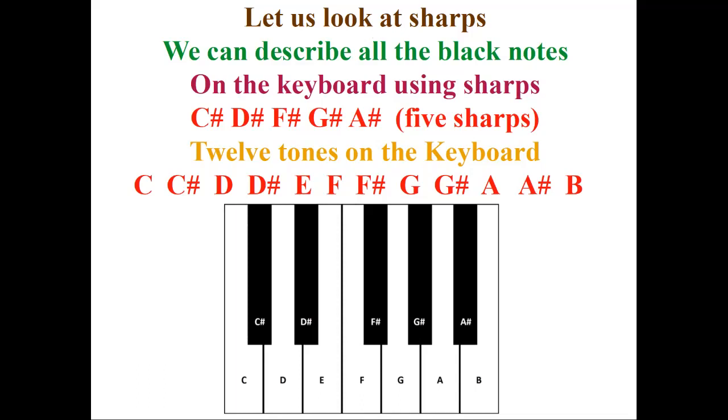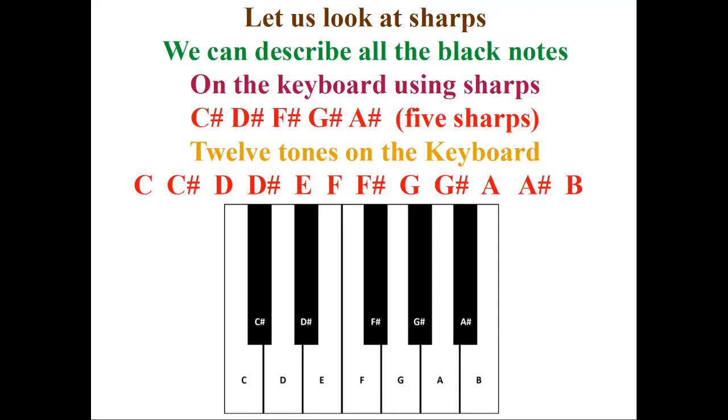So all the sharps on the keyboard would be, if we started from middle C and we just went to the first sharp, C sharp, D sharp, and then we skip a little bit and we go F sharp, G sharp, A sharp, and then of course we'd skip a little bit again and we'd carry on with C sharp, D sharp, F sharp, G sharp, A sharp. See, they just keep repeating. So we can describe all the black notes with those 5 sharps.